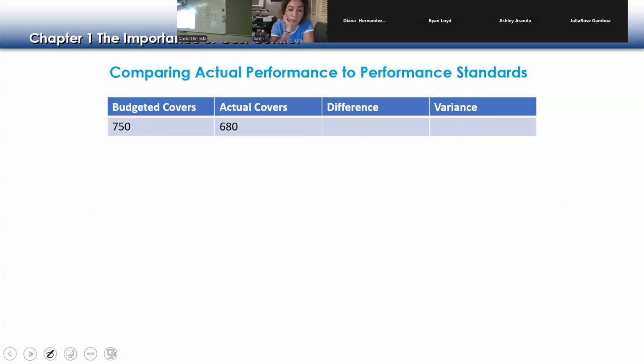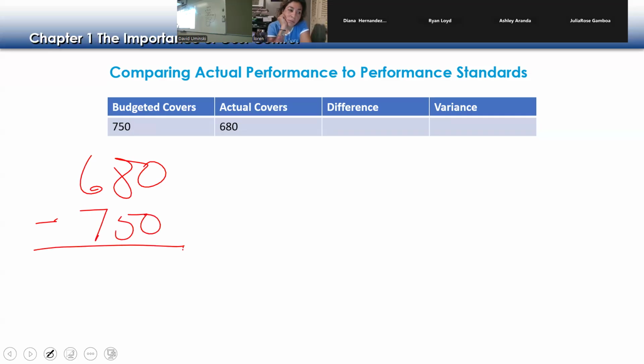What is 680 minus 750? Negative 70. You see how we have to do actual minus the budgeted? Because this negative means we were short. We were short 70 people.